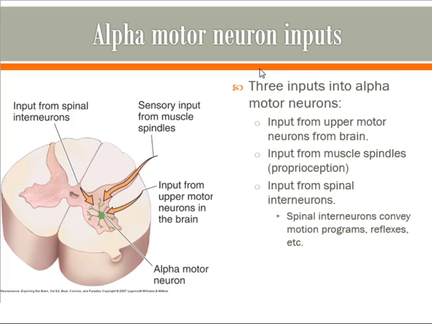The main one that I tend to think about is, again, the alpha motor neuron carrying signals down to skeletal muscle fibers, and when stimulated, it will cause the muscle fibers it's attached to contract.